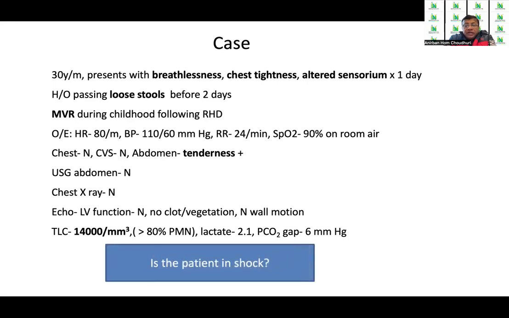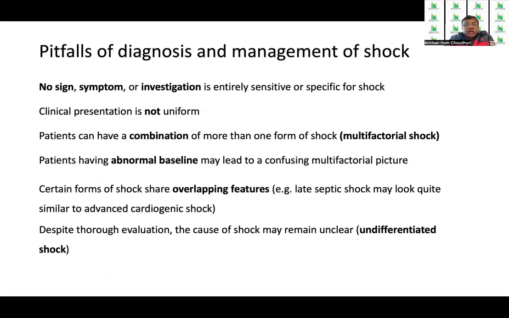So the first question that comes to mind is, is this patient in shock? If you go by the microcirculatory characteristics, we know very well that in order to label a patient as being in shock, you will have to show organ dysfunction. Now, in this patient there was no organ dysfunction, but the patient was still deteriorating rapidly, so organ dysfunction could have occurred at any point of time.